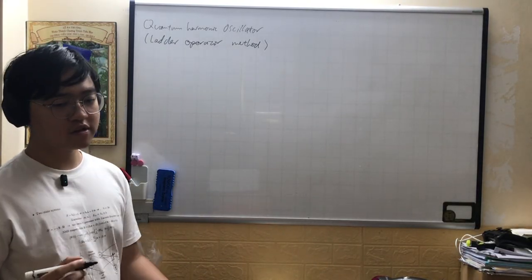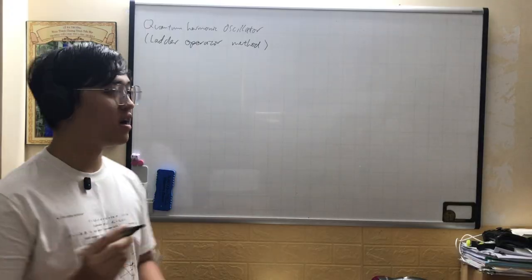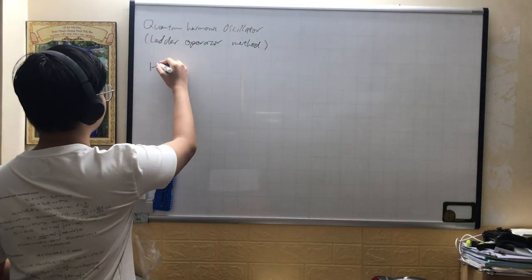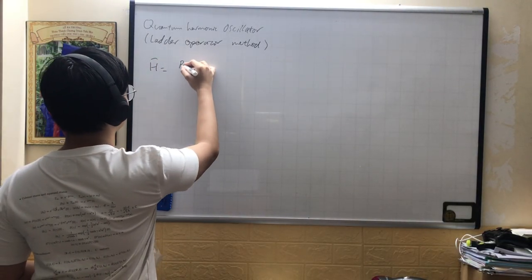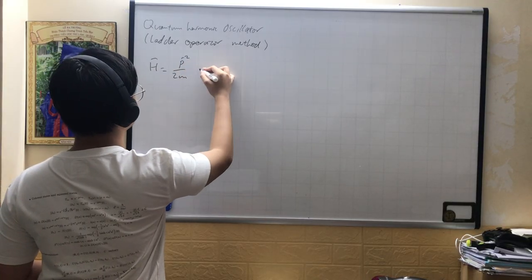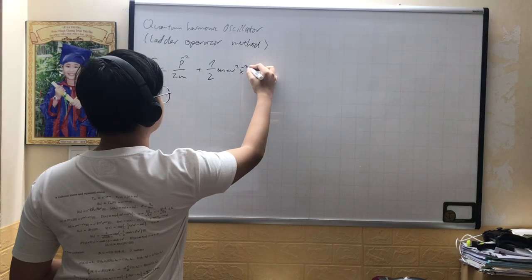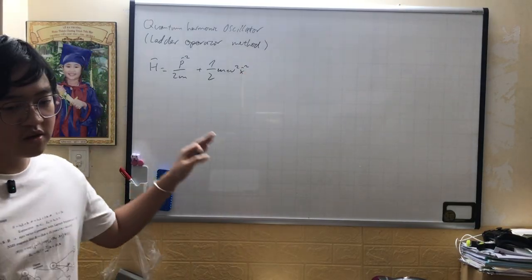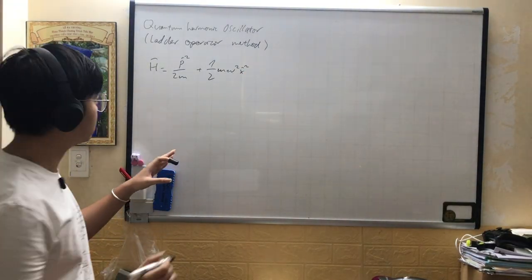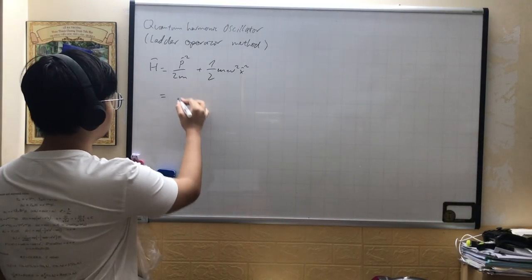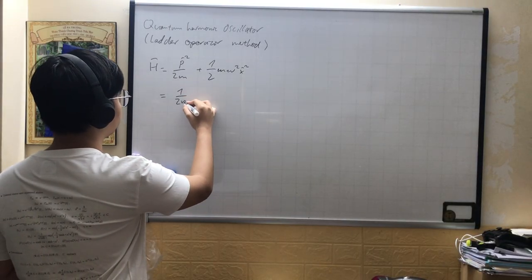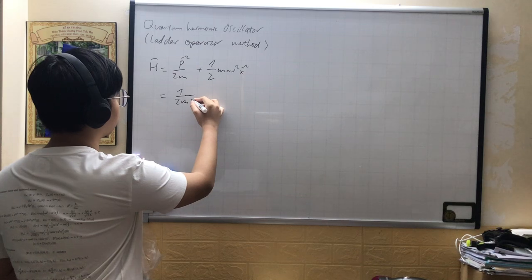Okay, so first let's take a look at our Hamiltonian for the harmonic oscillator, which is this. x squared. And here, what you would want to do is isolate the operators.